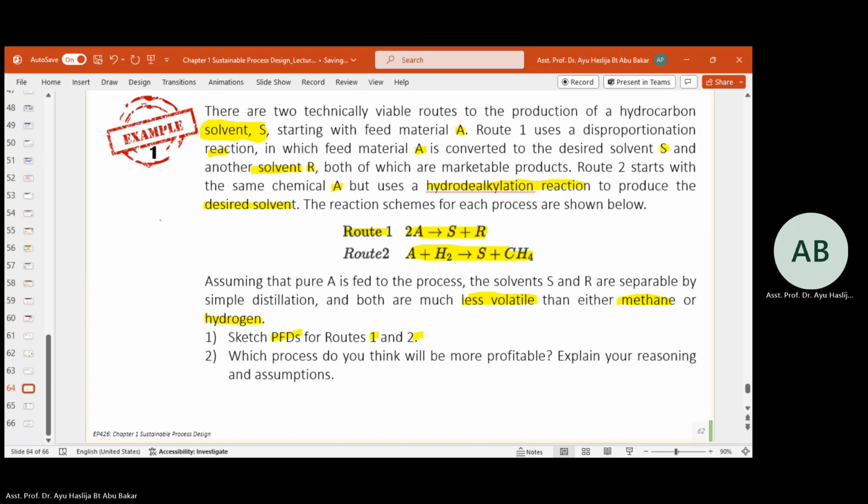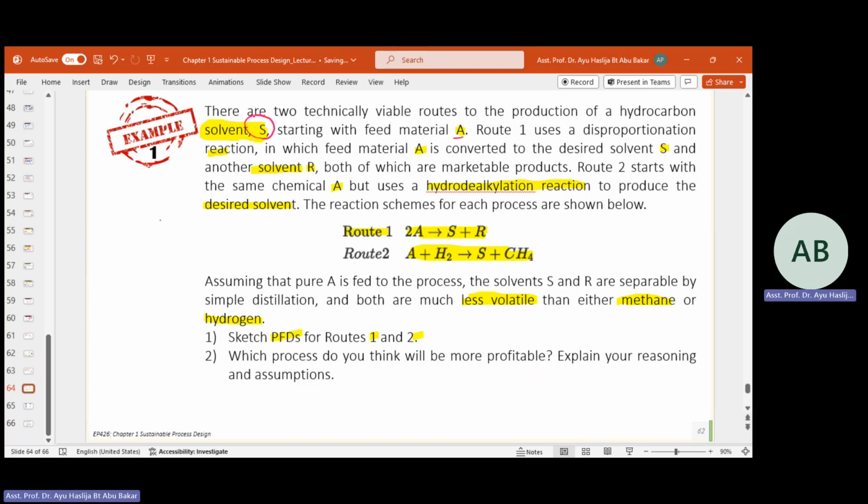Now here, there are two technically viable routes to the production of hydrocarbon solvent S. This is your product. S is your product. Starting with feed material A. A is your feed.